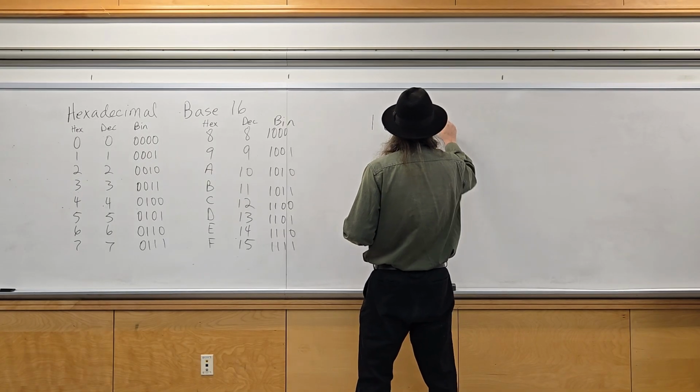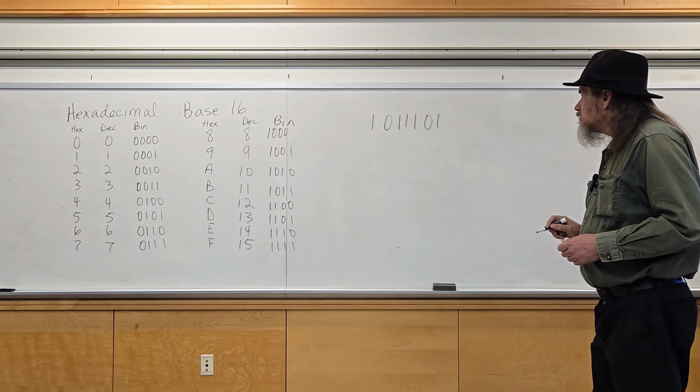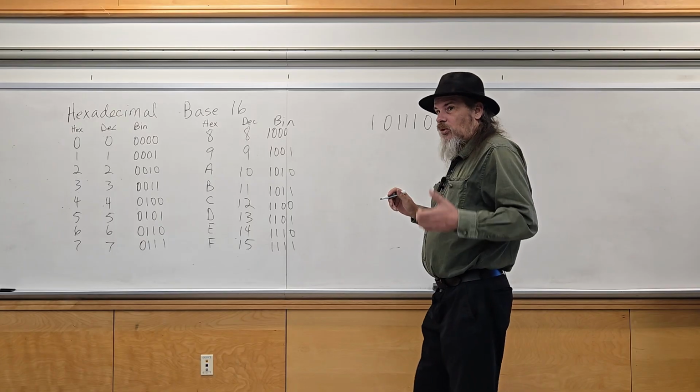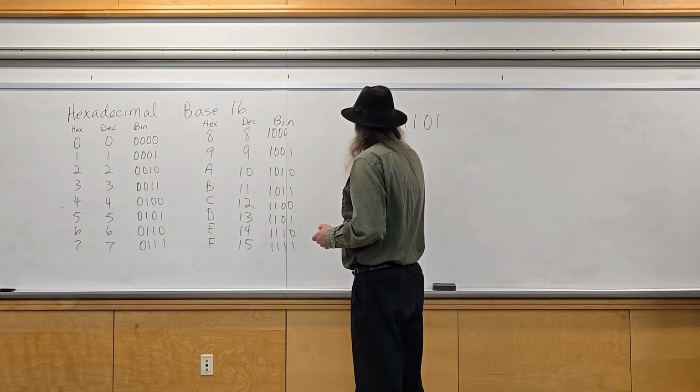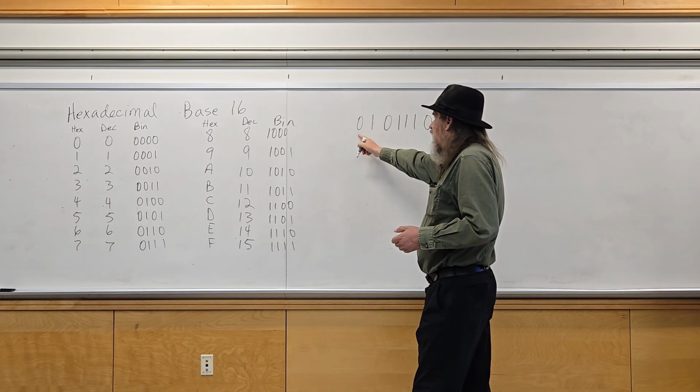101101. To convert that to hexadecimal, you need groups of 4, full nibbles. So this is 7 digits, so you have to add a leading 0.